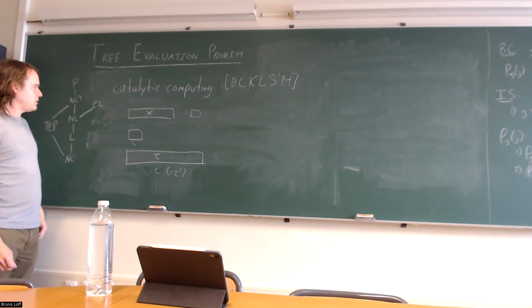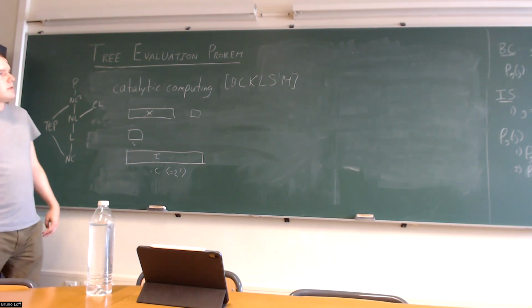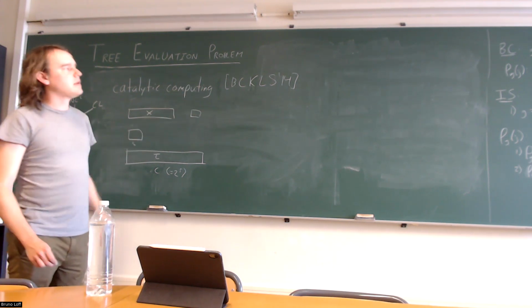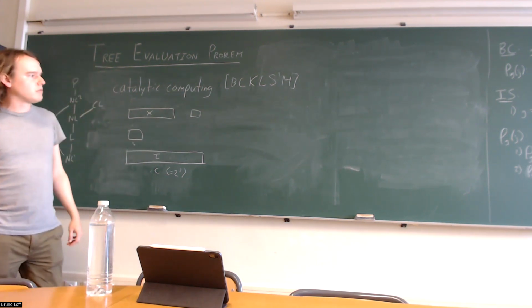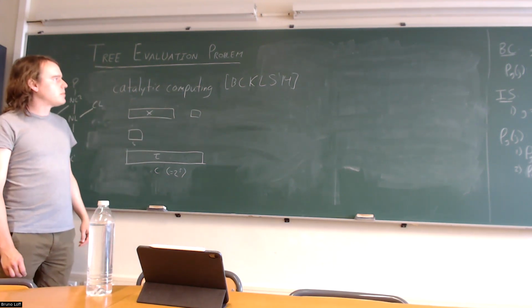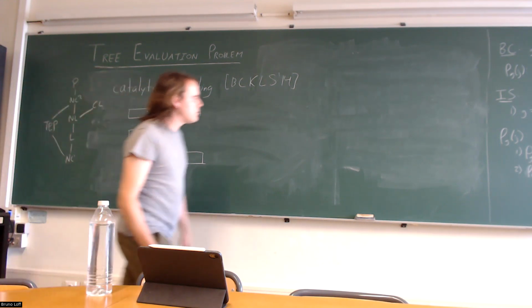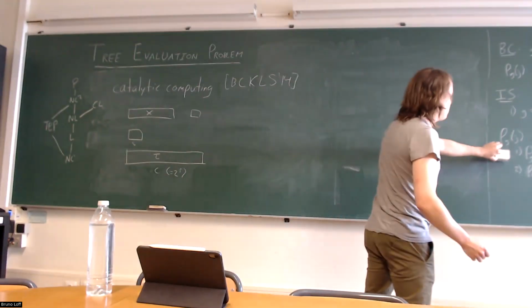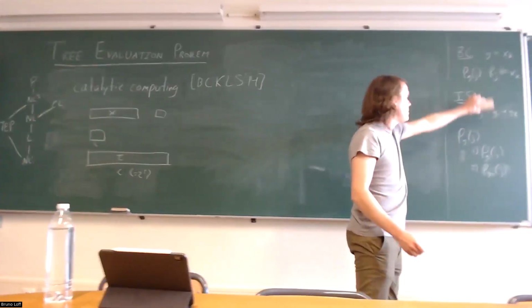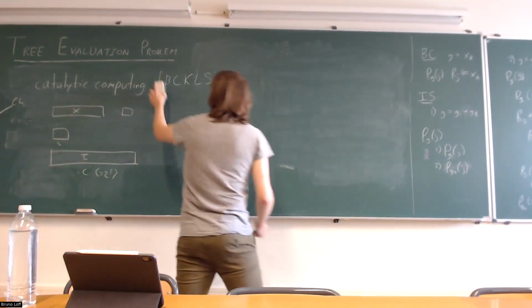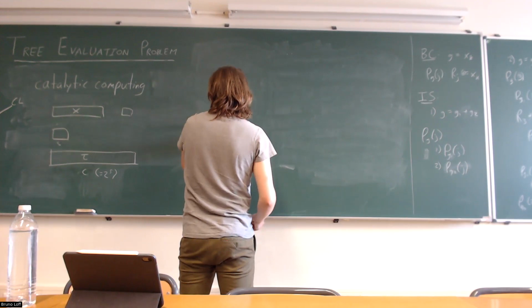And how do they do it? Well, it's going to look a lot like the argument over there. So I may not run through it in all detail, but I want to give the key point of it so that we're once again adjusting to this framework, because this is what we're going to use in the second half of the talk, which is about the tree evaluation problem.